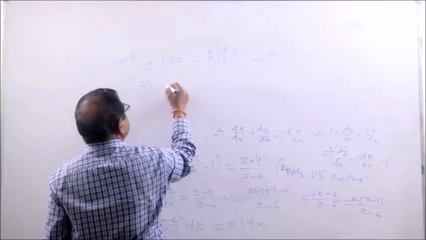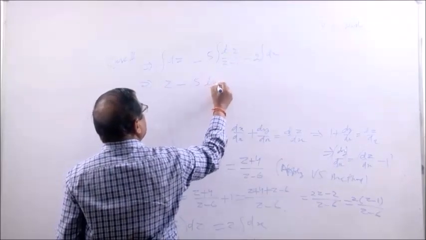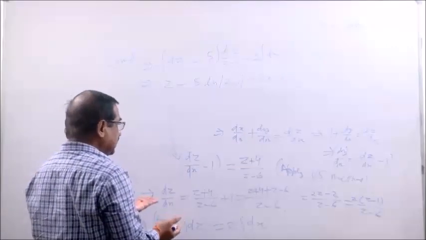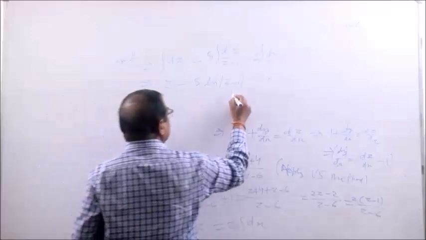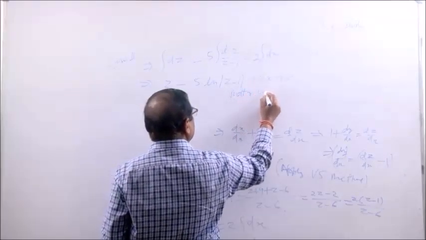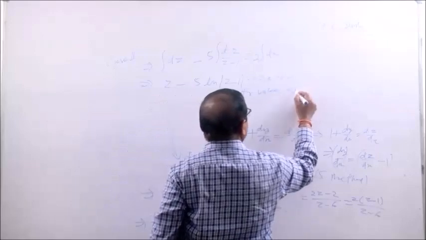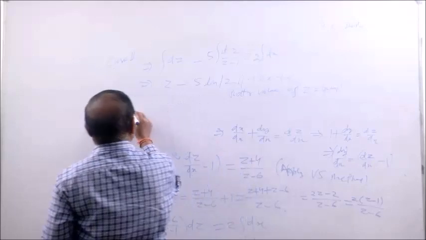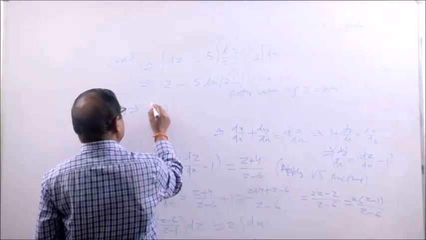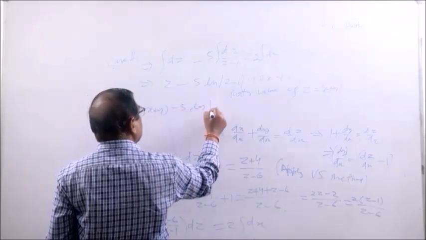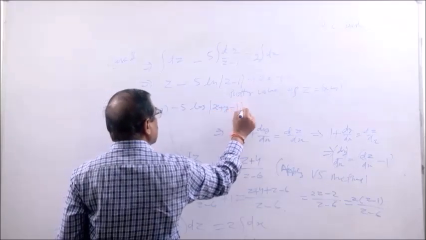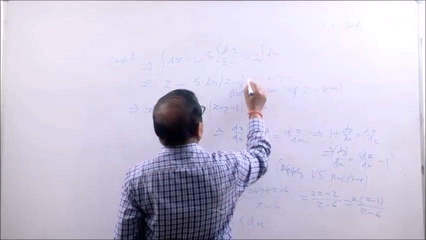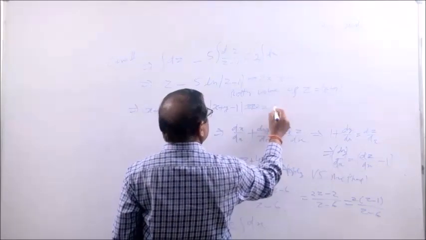So this will be z minus 5 ln |z minus 1| is equal to 2x plus c. But what is z? We have taken x plus y. Putting the value of z is equal to x plus y, we get the answer. That implies x plus y minus 5 ln |x plus y minus 1| is equal to 2x plus c. That is the answer.